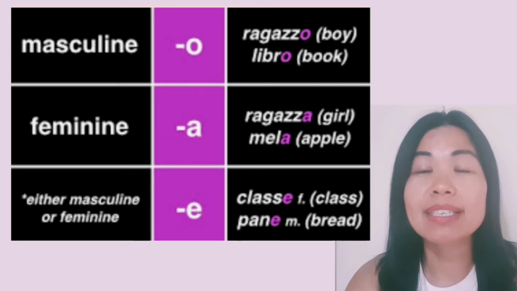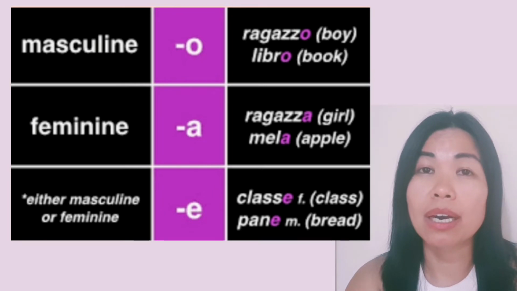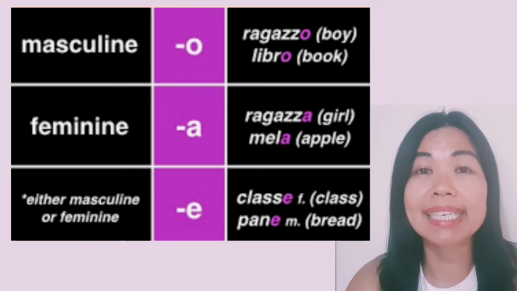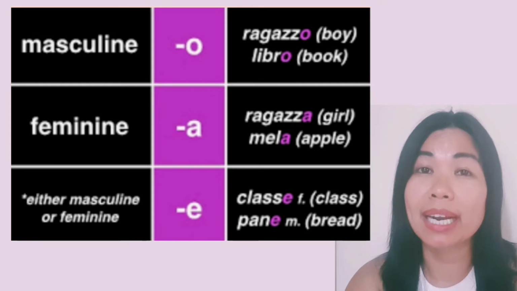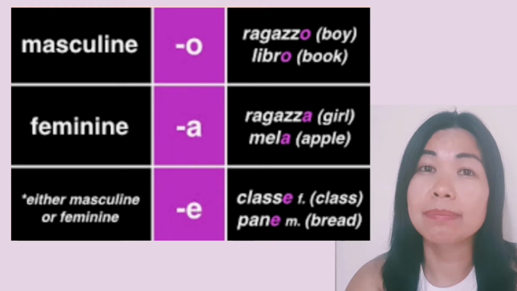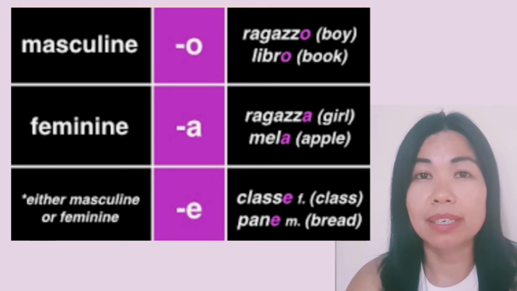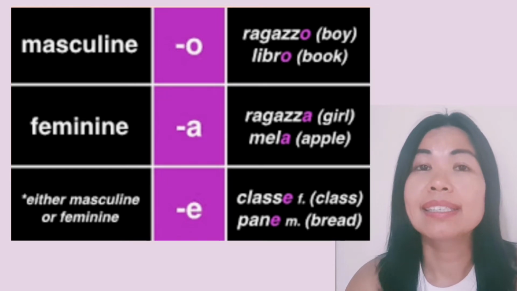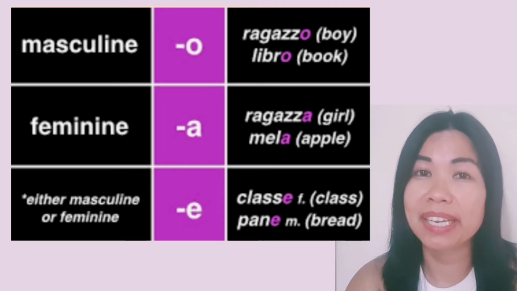But of course, there are some exceptions, because some words in Italian that end with the letter O are feminine, and some words that end with the letter A are masculine. And then we have nouns that end with the letter E. Nouns that end with the letter E are either masculine or feminine.